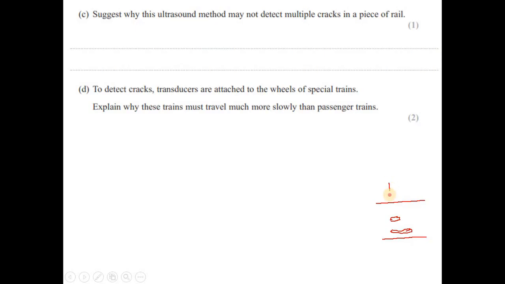When you send the pulse, it is reflected from the top crack. The pulse is not reaching down because most of it is reflected from the top crack. It does not reach the bottom. So if there is another crack, definitely the pulse cannot reach that crack.